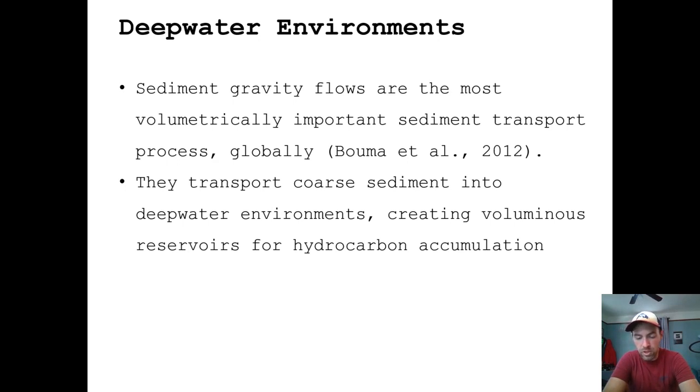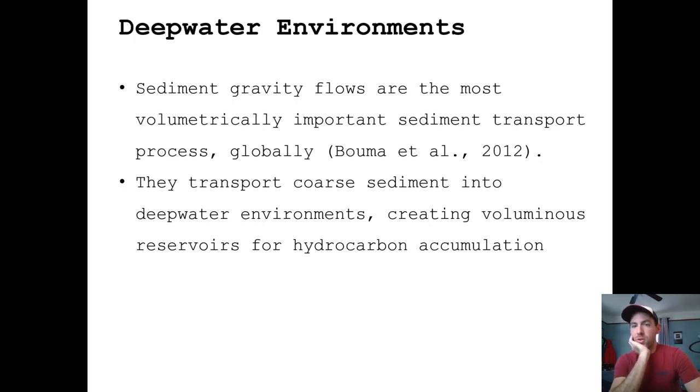So if you're in the exploration and production industries, they're quite important, and a significant amount of the petroleum reserves, certainly in the Gulf of Mexico as well as elsewhere, are housed in these deep water sediment gravity flow deposits.